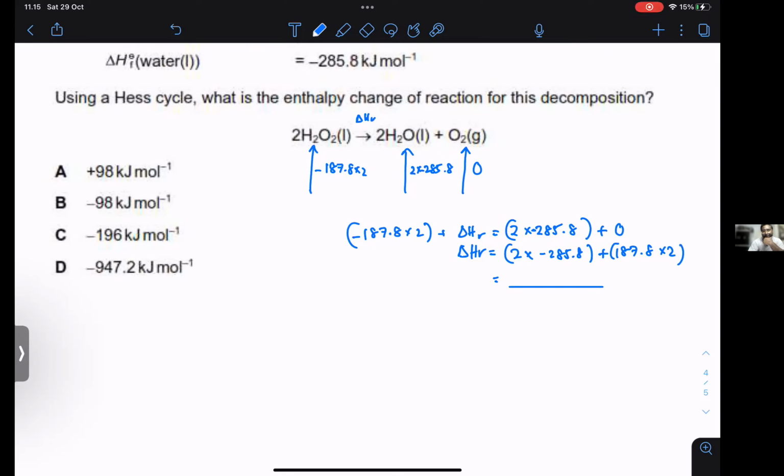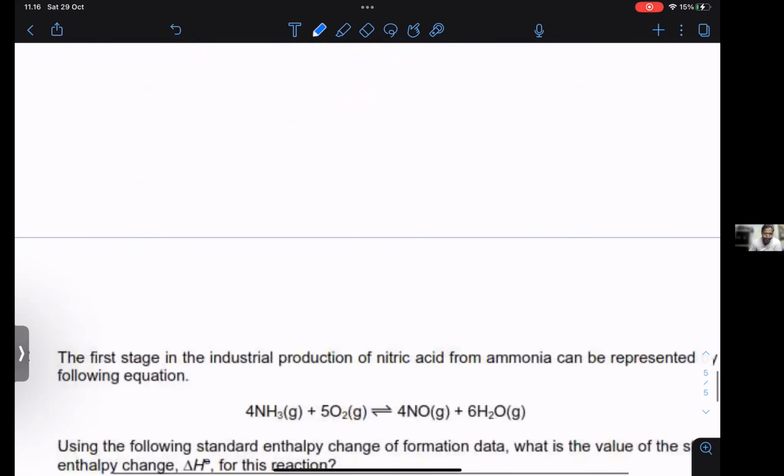You might plus with 400. I think you will get around negative 196. Okay, Wilson, just confirm whether you get negative 196. Yeah, I got that too. Okay, so let's move on.